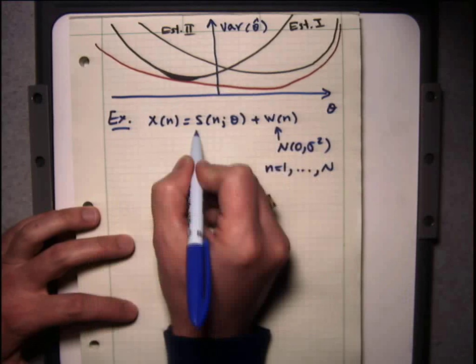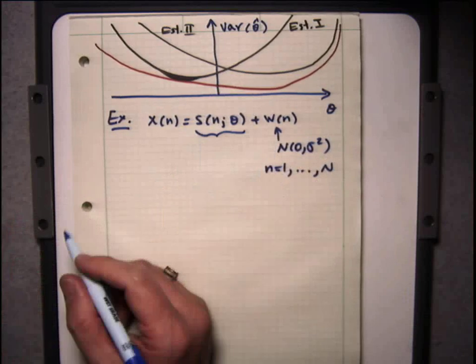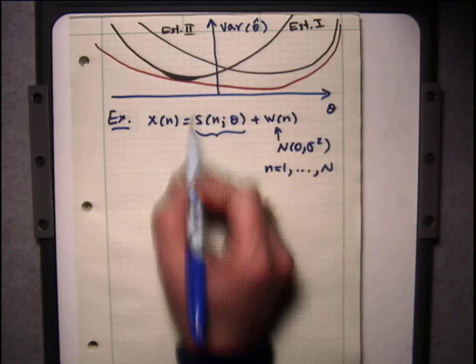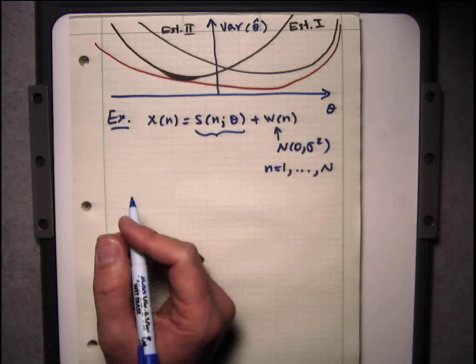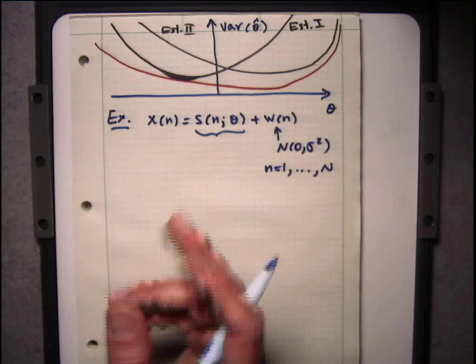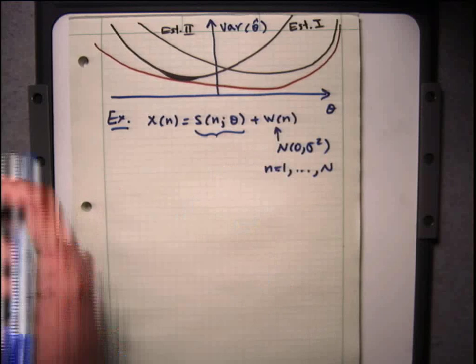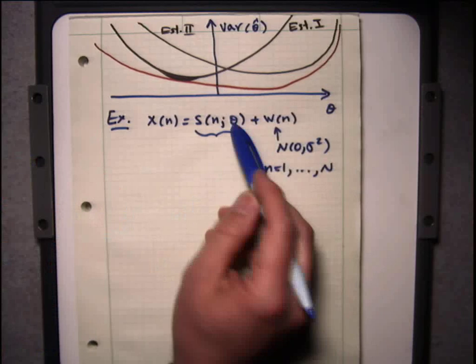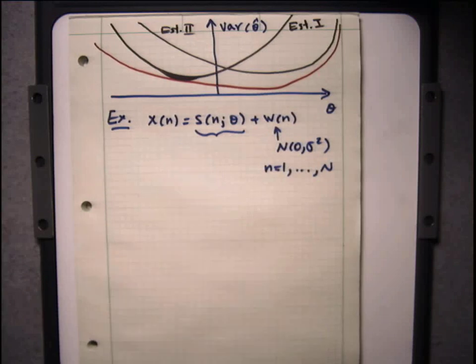So this is some function. I know what the function is, but I don't know the parameter inside the function. So for instance, S of n could be cosine of omega t, and the unknown parameter could be omega, the frequency of that cosine. I know the form of the function, but I don't know the actual parameter value. I got these measurements and I want to estimate it.